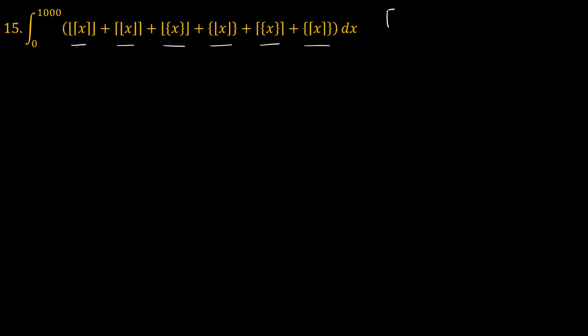What is the ceiling of x? The ceiling of x is equal to the integer k plus 1 when x is less than or equal to k plus 1 and greater than k. So when that real number x lies between those two integers, the ceiling of x takes the upper integer.